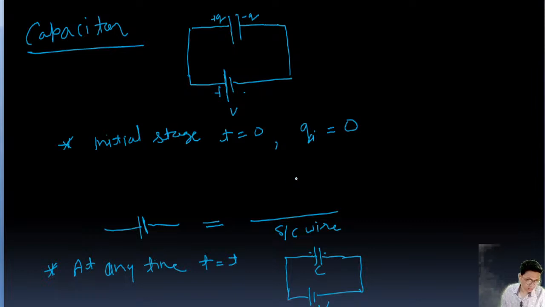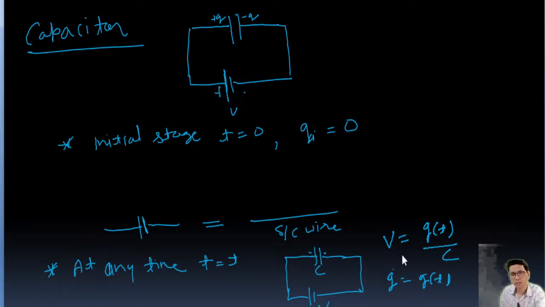You can see here the voltage V is going to be Qt upon C. At any time t, Q is going to be Qt, or voltage is going to be Q upon C. That's the formula we know, right? This is the second case.